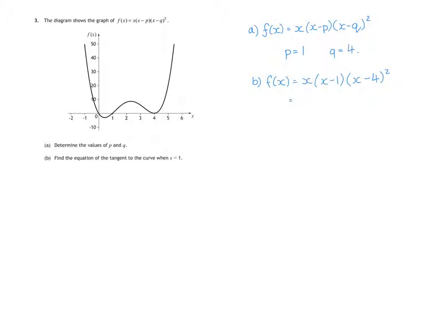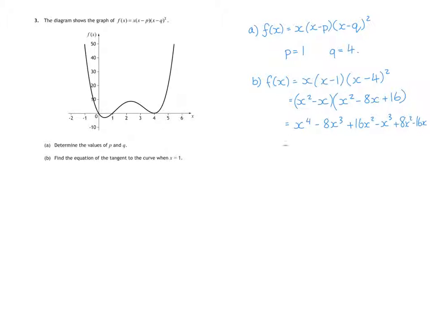So if we multiply out our first bit, we're going to get x squared minus x, and then we can multiply out our square bracket really easily, so we get x squared, and then we get minus 4x, so minus 8x, and then we're going to get plus 16, and then we multiply this out, so we're going to get x to the power of 4 minus 8x cubed plus 16x squared minus x cubed plus 8x squared minus 16x.